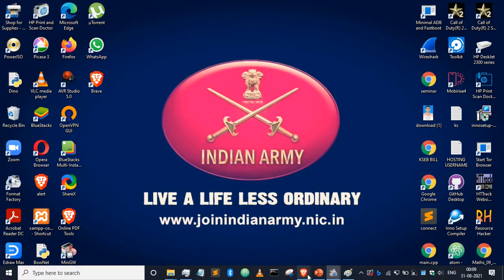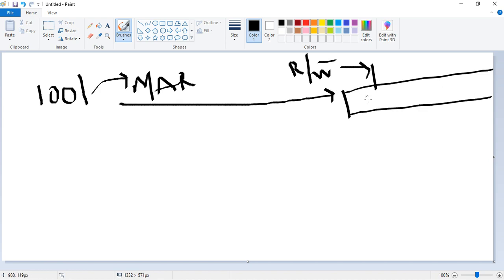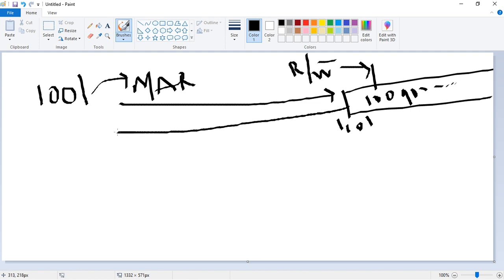So if we put an address like 1001 in MAR and set the read/write line to 1, the processor will go to the memory and fetch the content at address 1001, and the data will be stored in the MDR register.